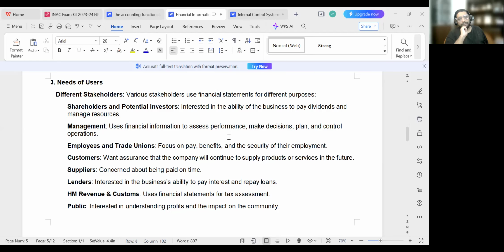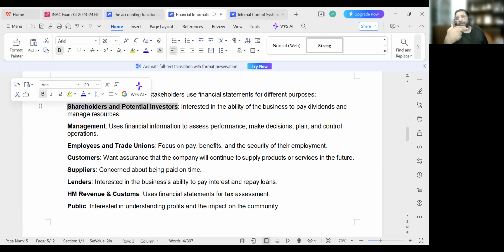Like, you have shareholders and potential investors. The existing shareholders of the company are interested in its affairs because they have invested their money, right?